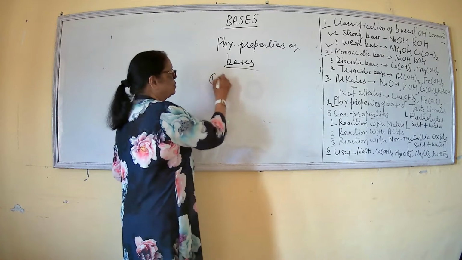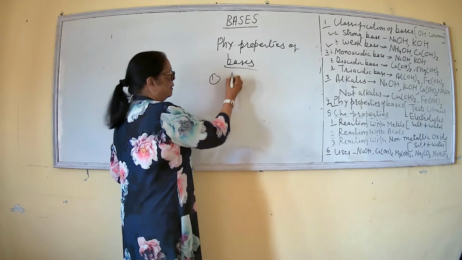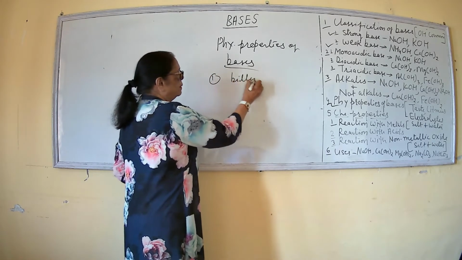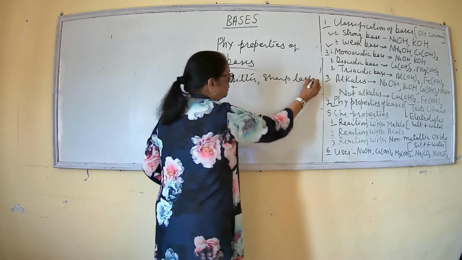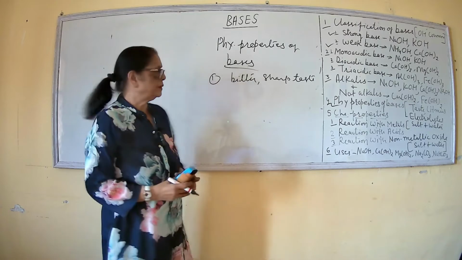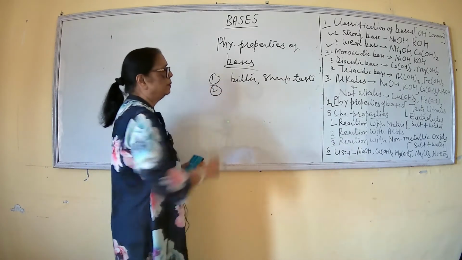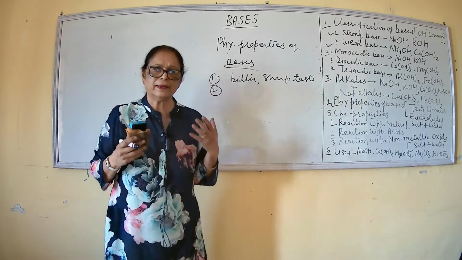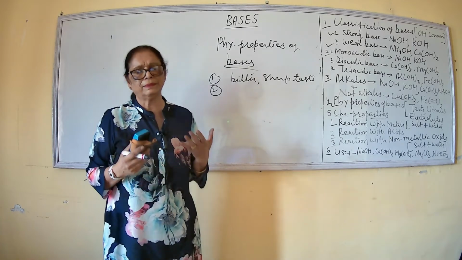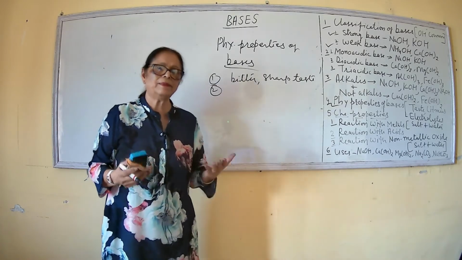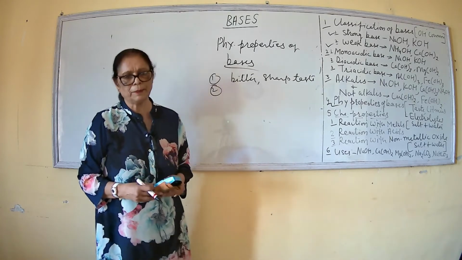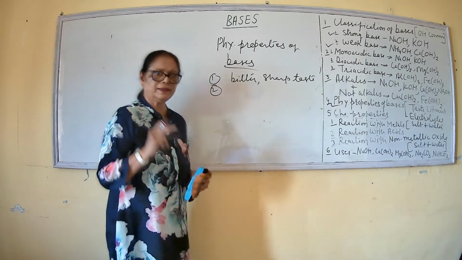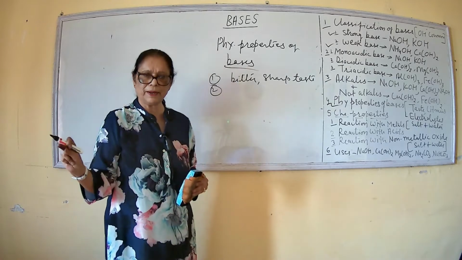So their taste is bitter, sharp taste. Next, the number two property is how to identify the bases, like the litmus test. How to identify them? By using litmus paper. In the case of acids, they turn blue litmus paper red.